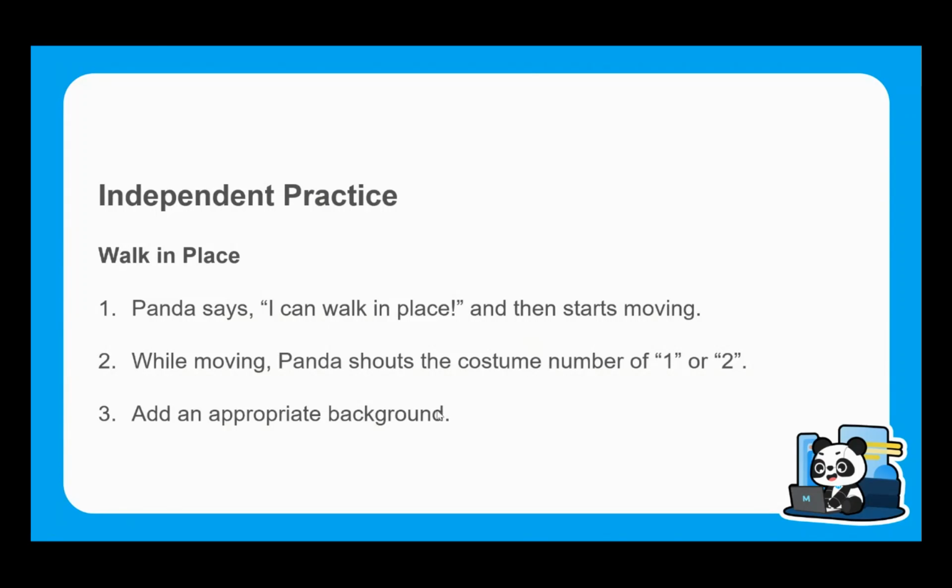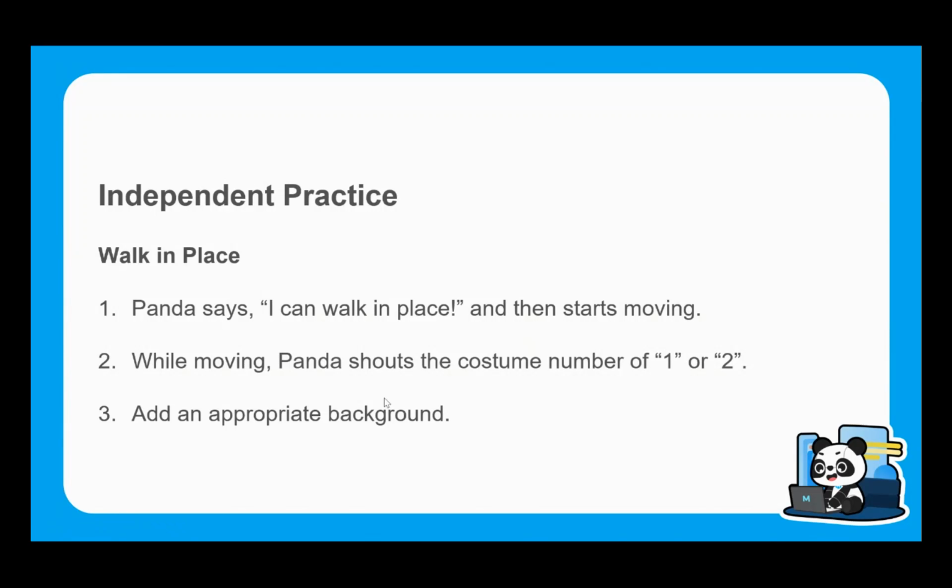We want to introduce, again, some of those things we've been using in the previous lessons, the say blocks, and not just shout out what they're doing, but tell us what's happening through each stage. This is a great way of demonstrating exactly what's happening, changing from costume number 1 to costume number 2, and it's also encouraging to bring in an appropriate background, again, which we were looking at in the previous lessons.